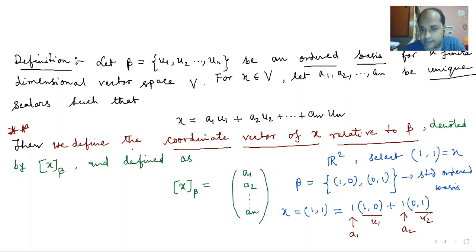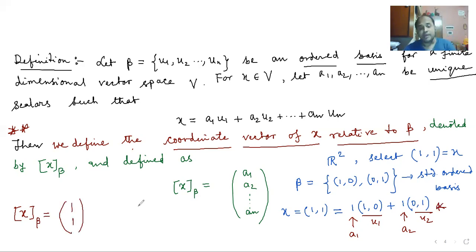Try to correlate the things. Now if you ask me what will be the coordinate vector of x relative to this basis beta, then this coordinate vector will be (1, 1).